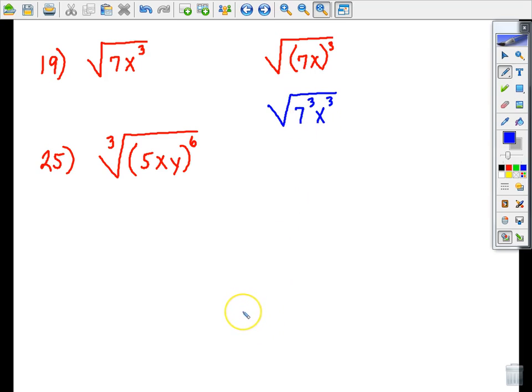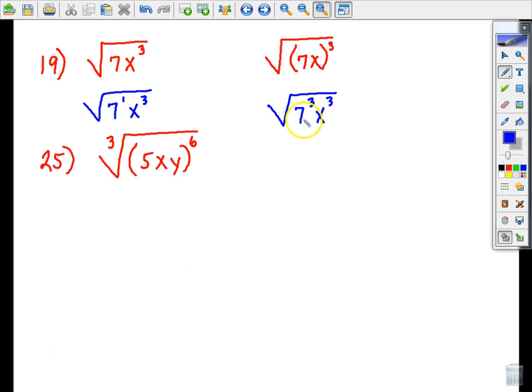Does that make sense? Okay, well, what about over here? Only x is to the 3rd and 7 is to the what? What's the invisible exponent for 7? 1. So I'm not doing any damage if I just do this.